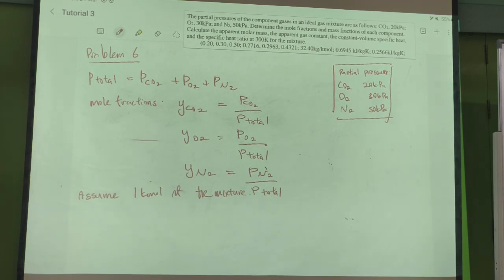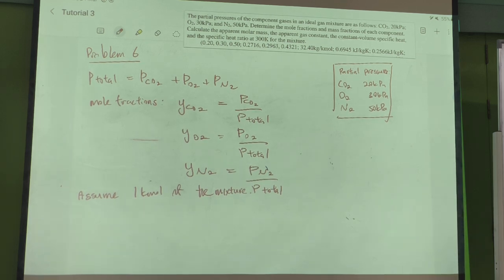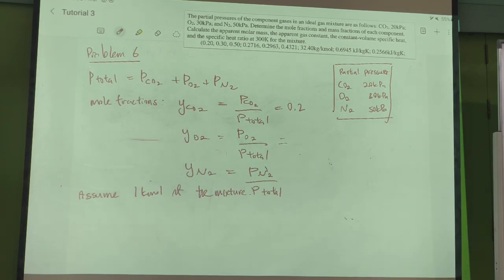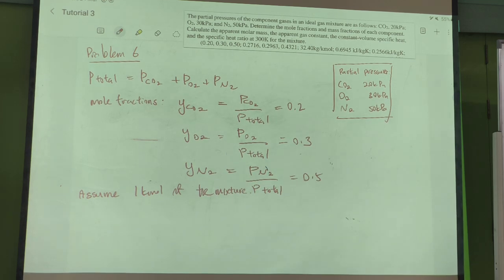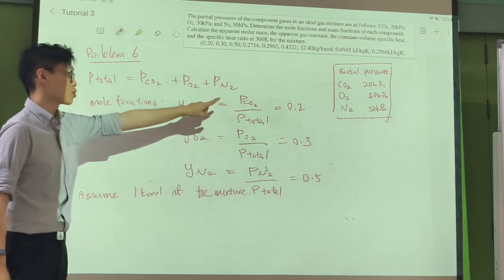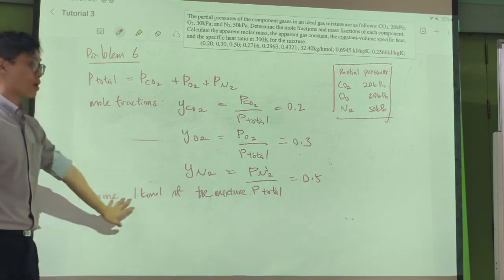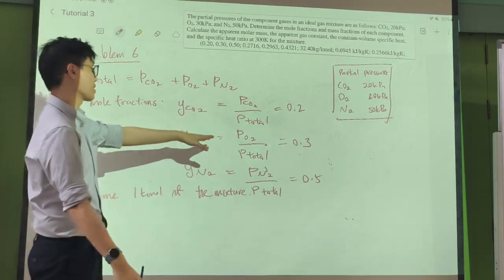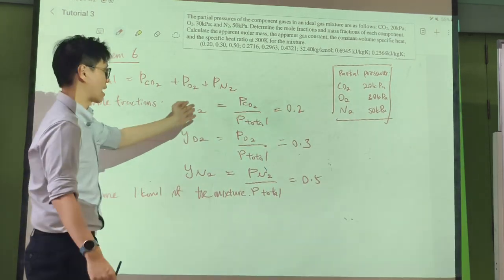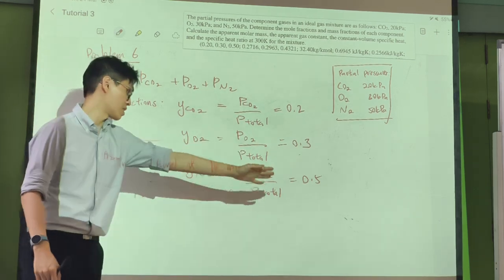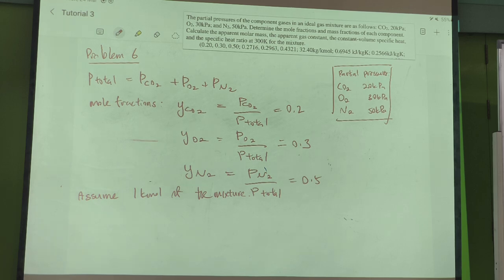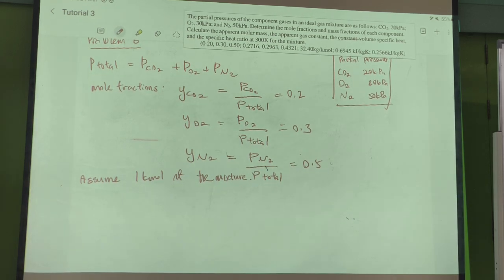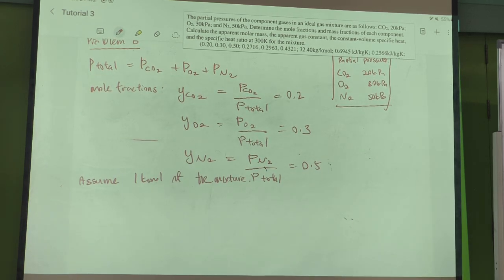What do we mean by assume 1 kilomole of the mixture? Let's say the answer is just this. The fractions here are 0.2, 0.3, 0.5. So if you assume 1 kilomole of the mixture, you are assuming 0.2 kilomole carbon dioxide, 0.3 kilomole oxygen, 0.5 kilomole of nitrogen. Why do we do this? Because by assuming their mole, you can find their respective mass.